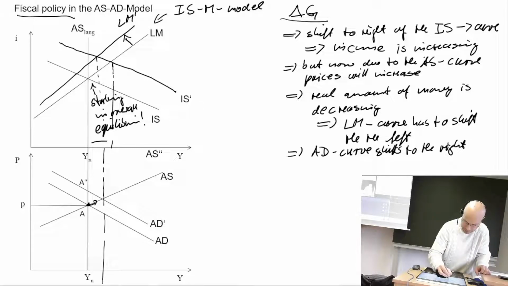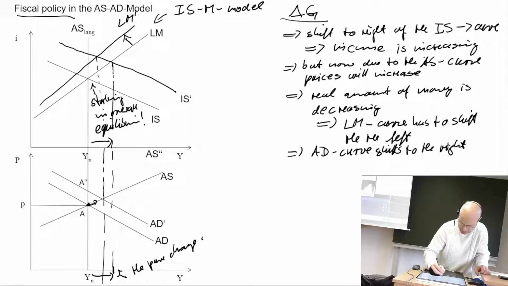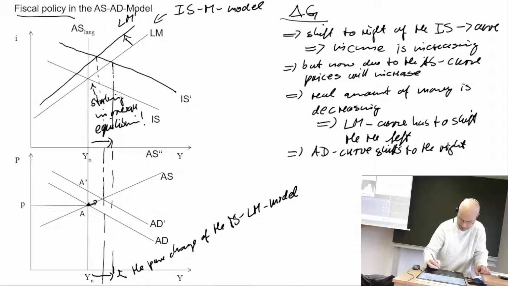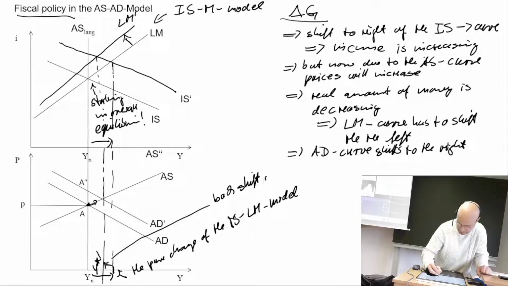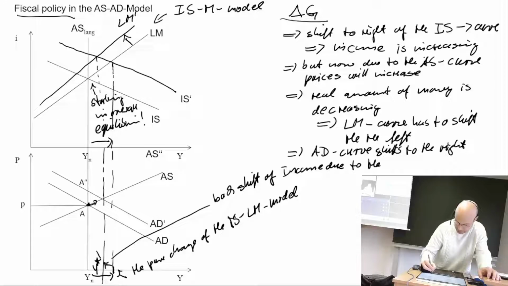So at first, so to speak, we move out here. This would be the pure change of the ISLM model, but then we have a backshift of income due to the increase of the price level.